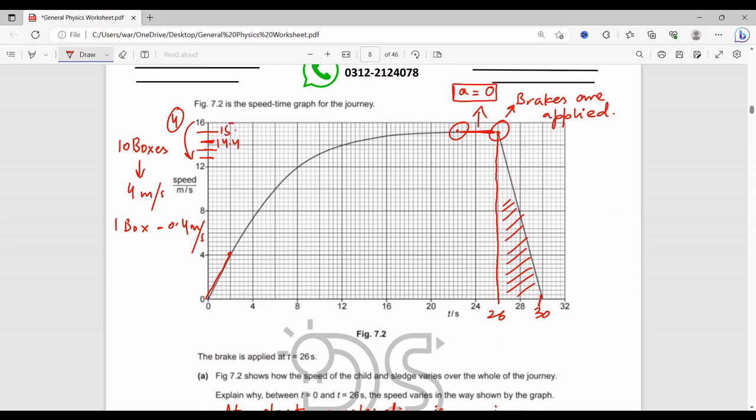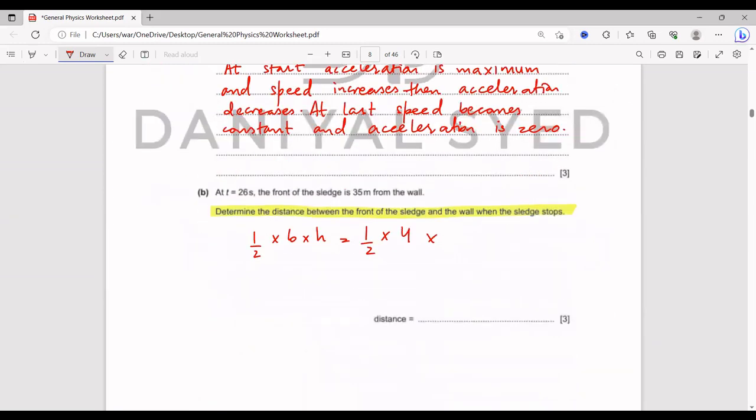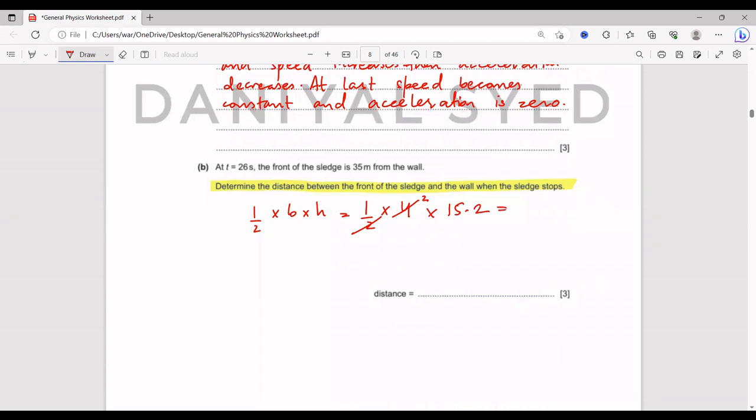Okay, 15.2 is the height. So half times 4 times 15.2, which is 30.4. So the distance is 30.4 meter.